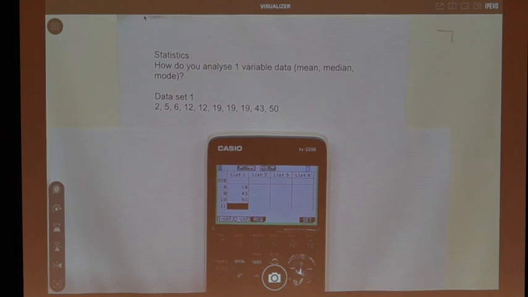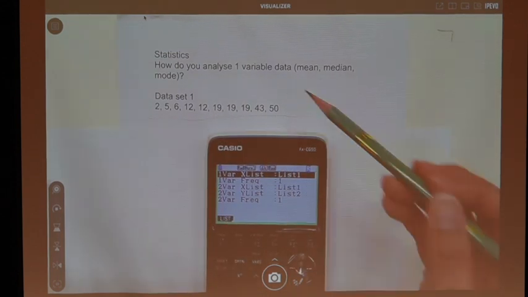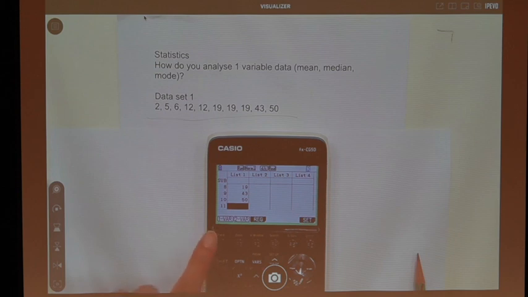Friendly reminder: check the setting because it might be different, it might be wrong. For now, we only have one list of data here. So we have List 1 and every data represents one, so the frequency of the data is 1. If everything is alright, you don't need to change anything, then you press EXE and one variable, because they are all 1.